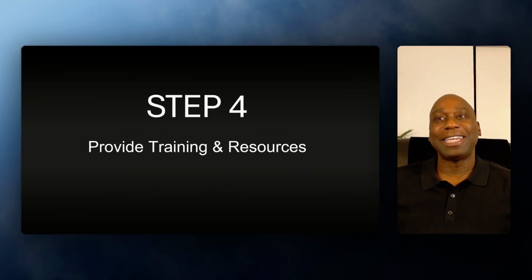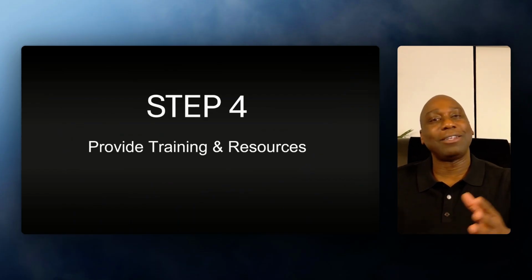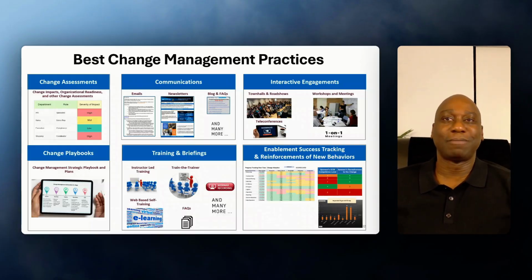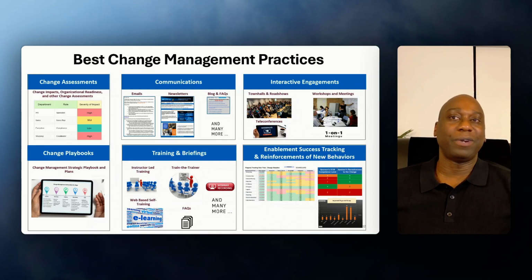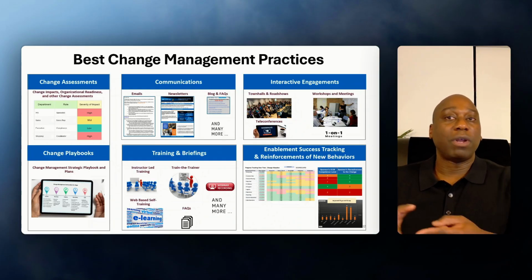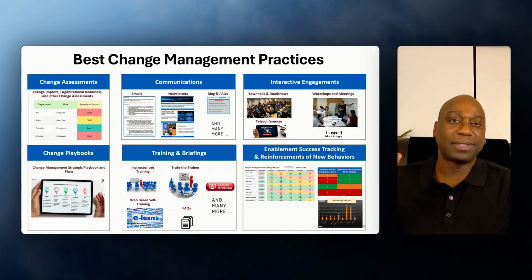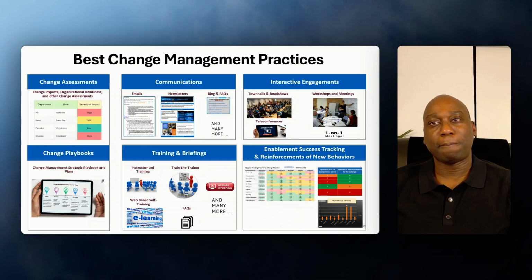For step number 4, you want to ensure that you provide adequate training and resources to the champions. A champion without the right tool is less effective, especially for champions that have low to mid-level change management experience. So you want to ensure that you provide training on best change management practices.